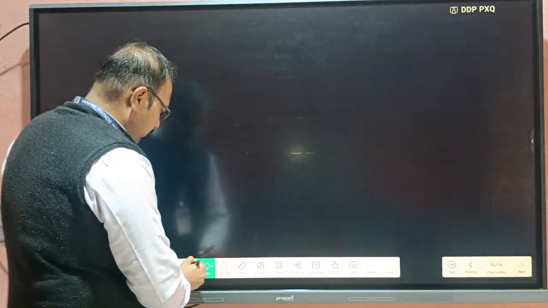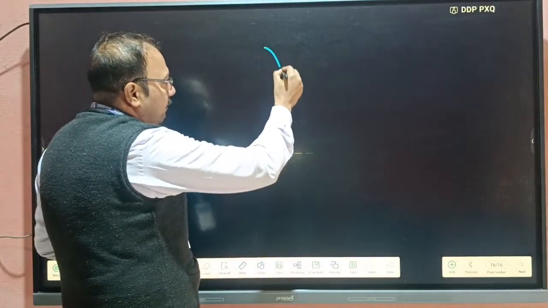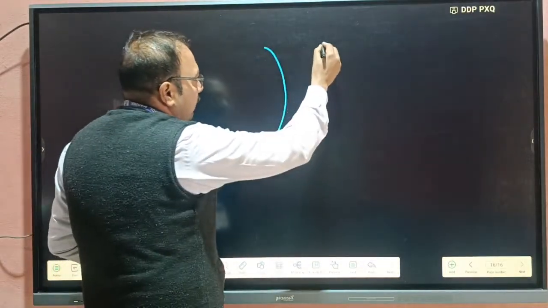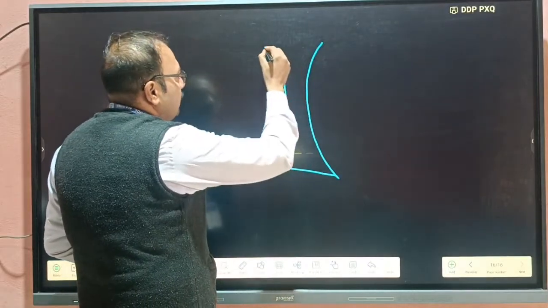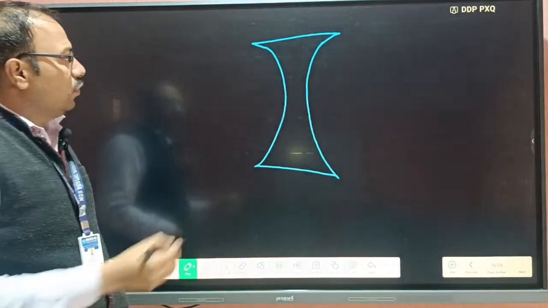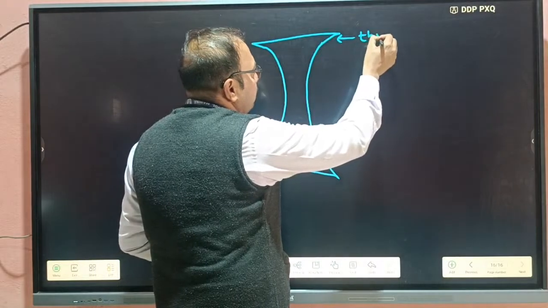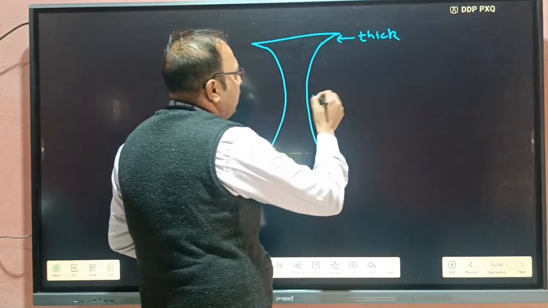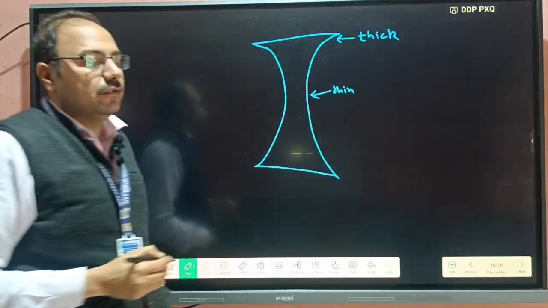This is thick at the edge and thin at the middle.